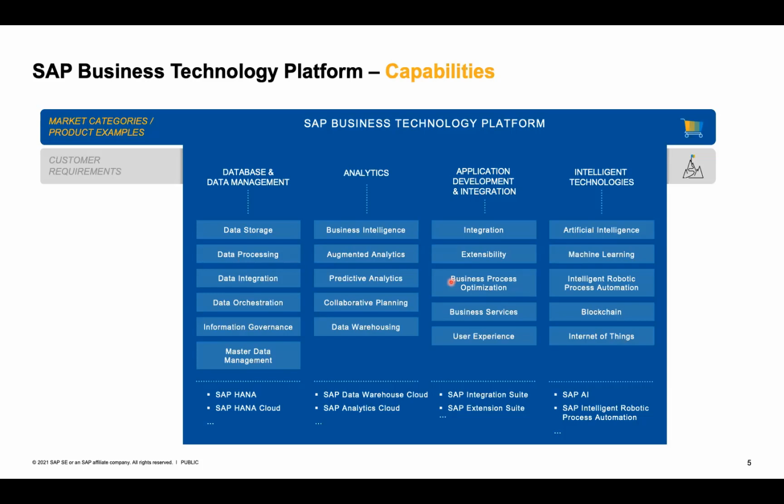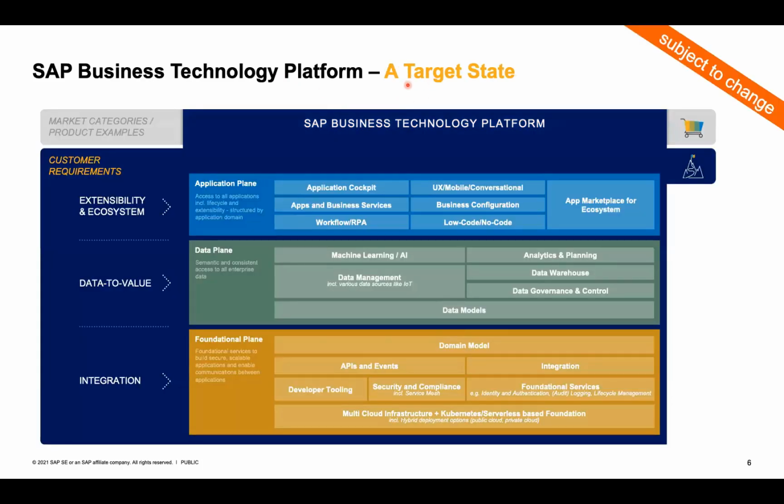Yeah, let's have a look at the next slide, because that's still about the business technology platform, but more looking at the future. So you see here target state and subject to change. So we are not there yet.